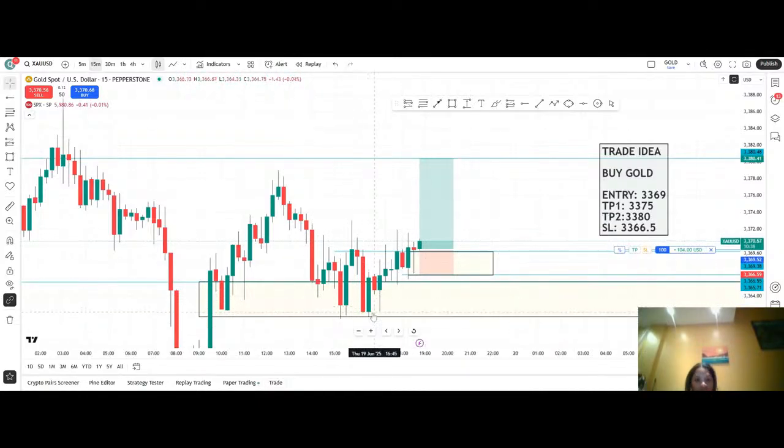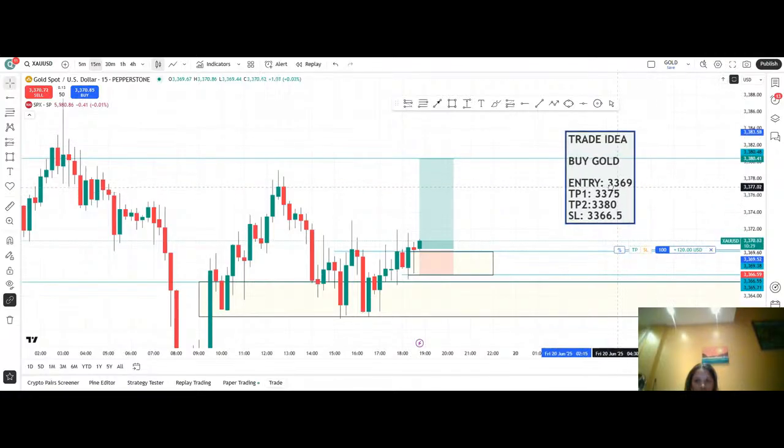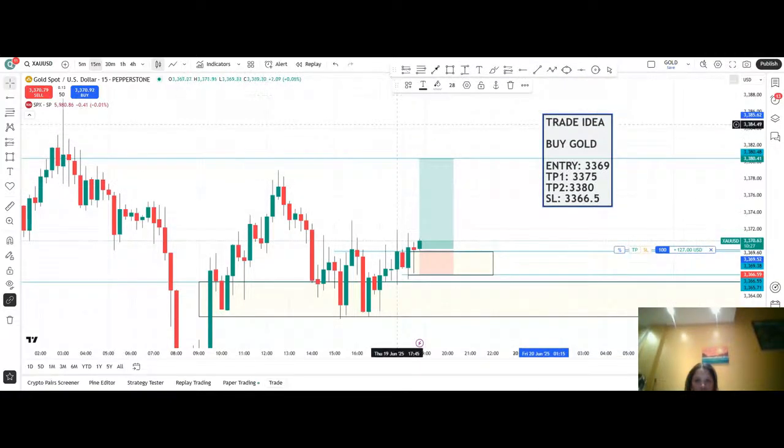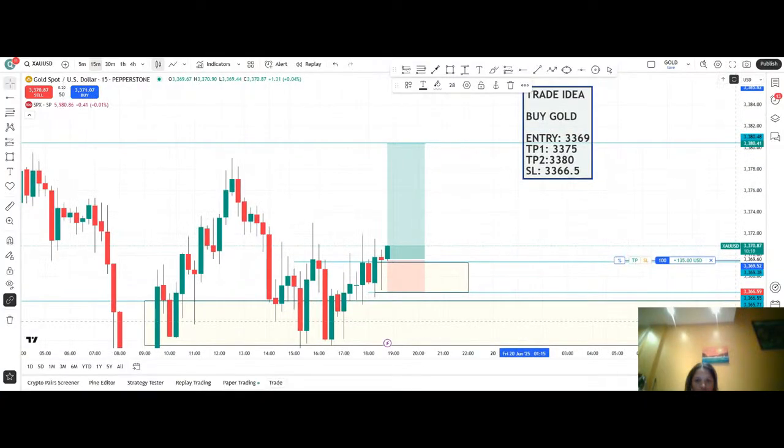So these rejections of the support will be confirmed by that 1 hour bullish candle. All right, so let's go now. Let's make it bigger.